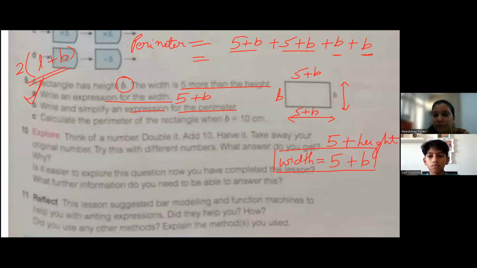Now we see same type of variables over here, which is b, and two numbers. So we'll add the like terms together. What will we get? Just solve it and check. What will we get? The expression for perimeter.